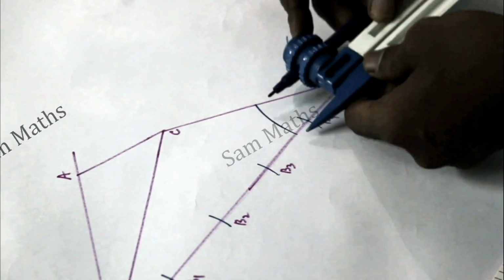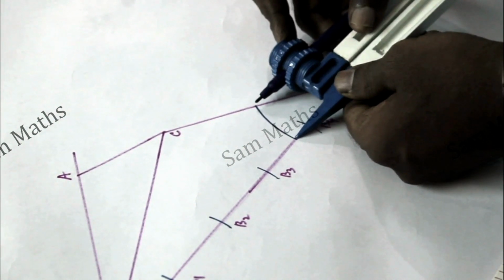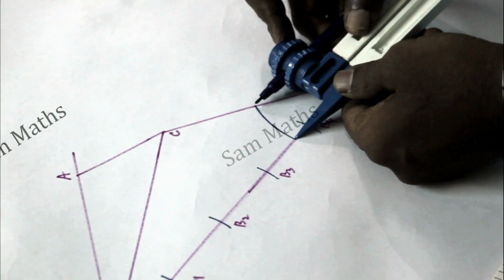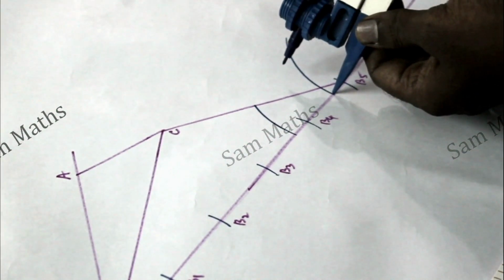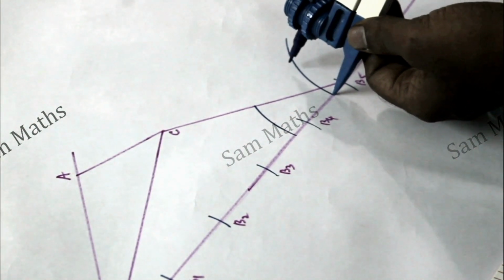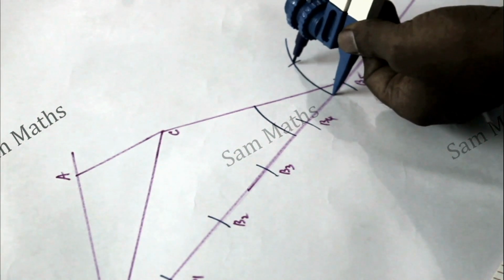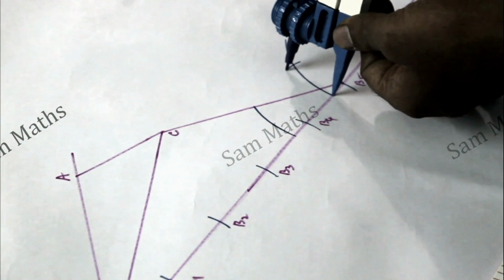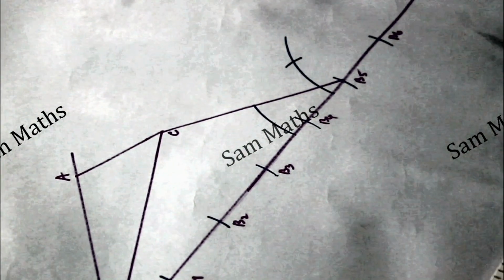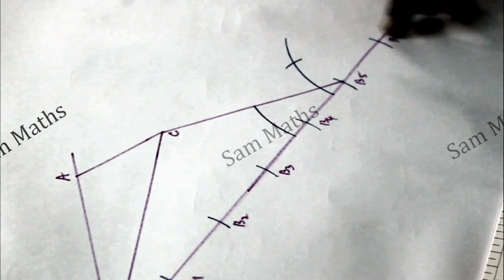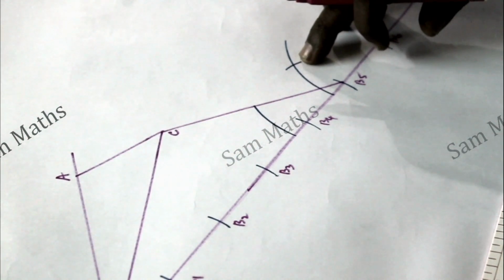Now you measure the length of the first arc, and now we have to cut the arc like this on the second arc. Okay children. Now I am going to join B6 and this intersection.